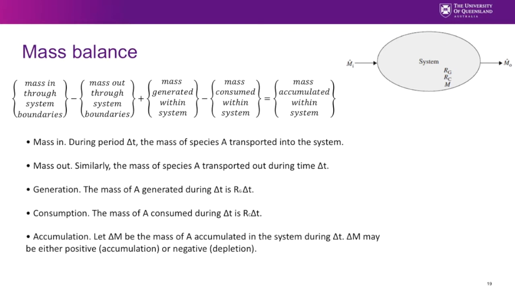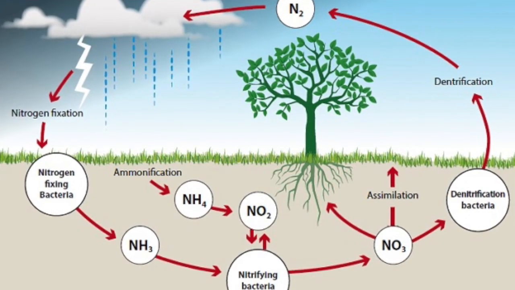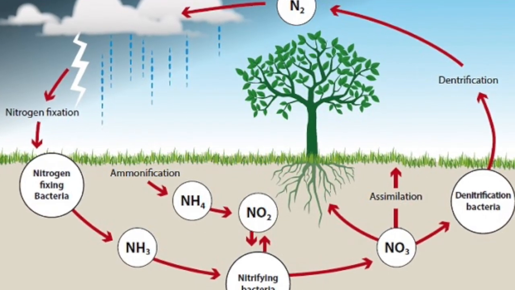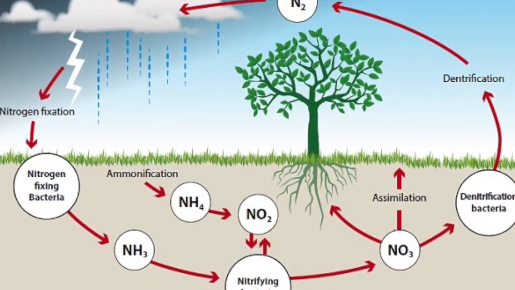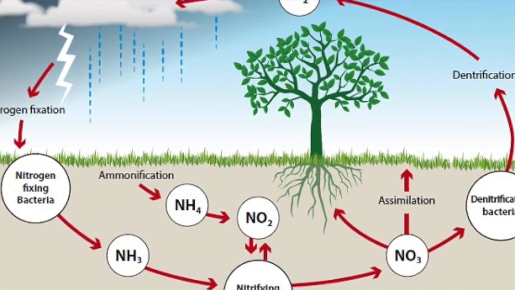So then, as we continue with the mass balance, we have mass out, and we have generation, and we have consumption. And if we continue with the example of nitrogen, we won't be talking about nitrogen itself, but about one important component of nitrogen. So we can talk about nitrate, or ammonia, and how this ammonia is accumulated or generated.